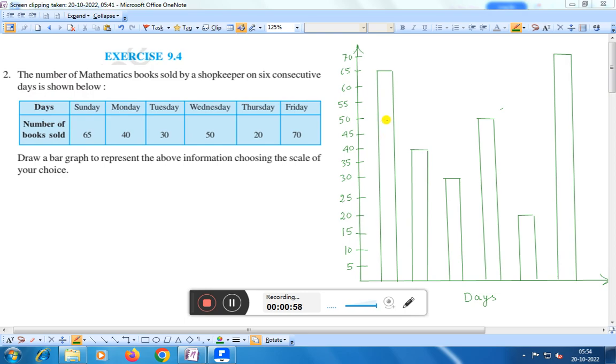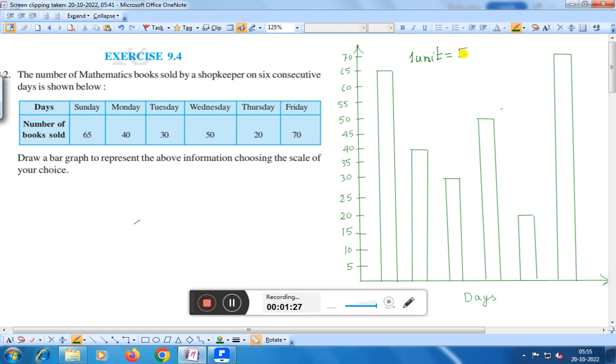That means we have to take 1 unit equal to 5 books.